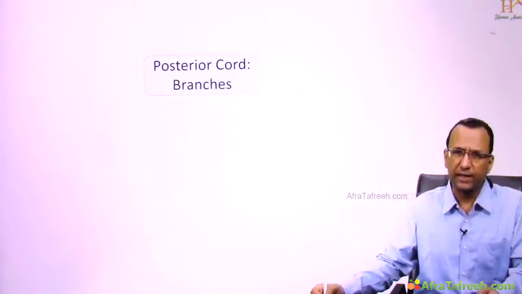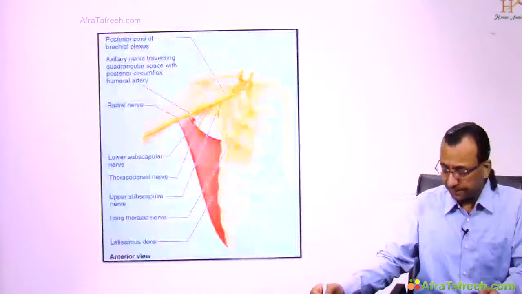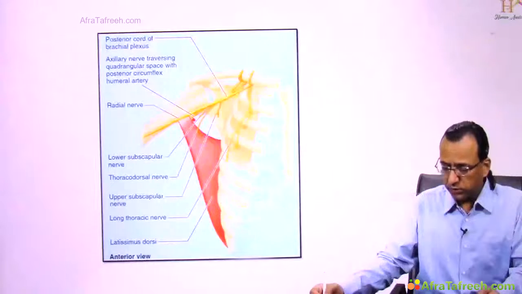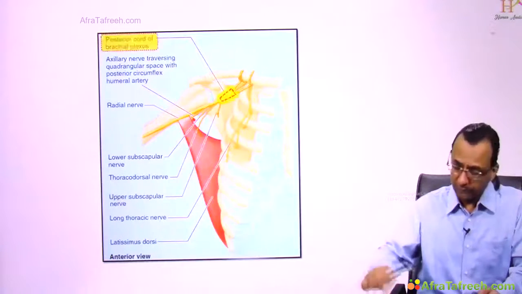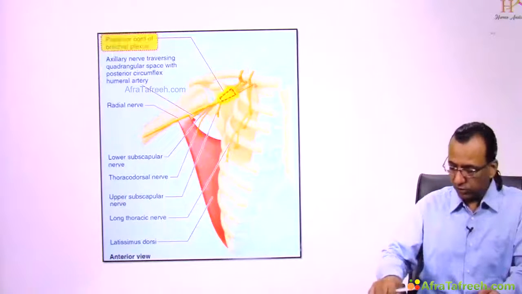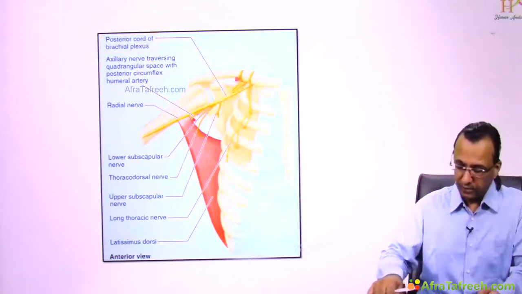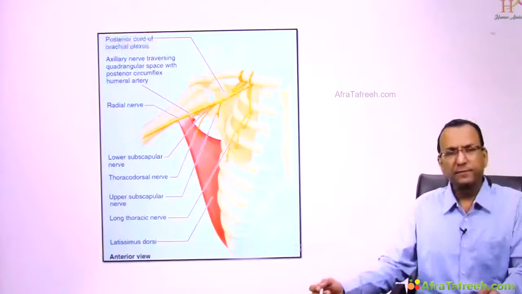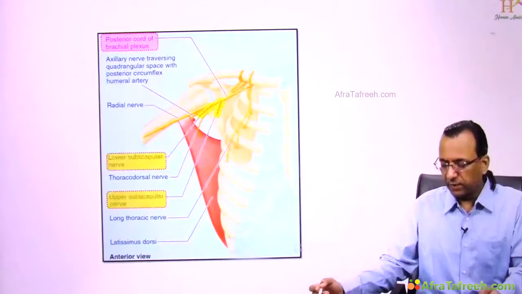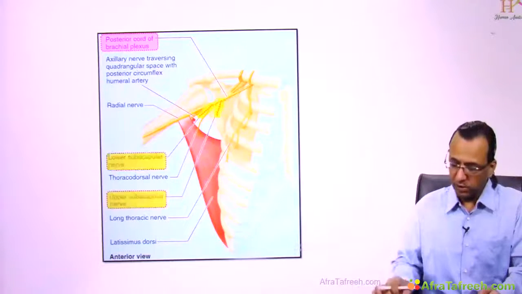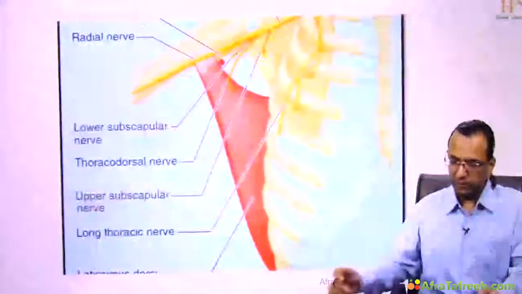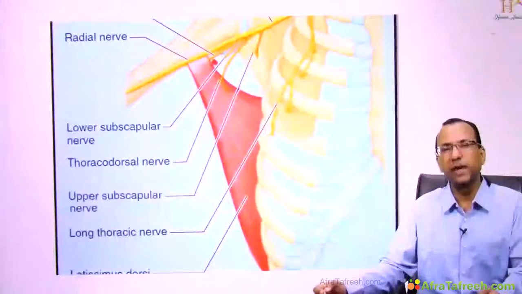We are now looking at the posterior cord of the brachial plexus in the axilla, formed by the posterior divisions of the 3 trunks of the brachial plexus passing behind the clavicle. It gives the upper subscapular and lower subscapular nerves, which go under the scapula to supply the subscapularis muscle.